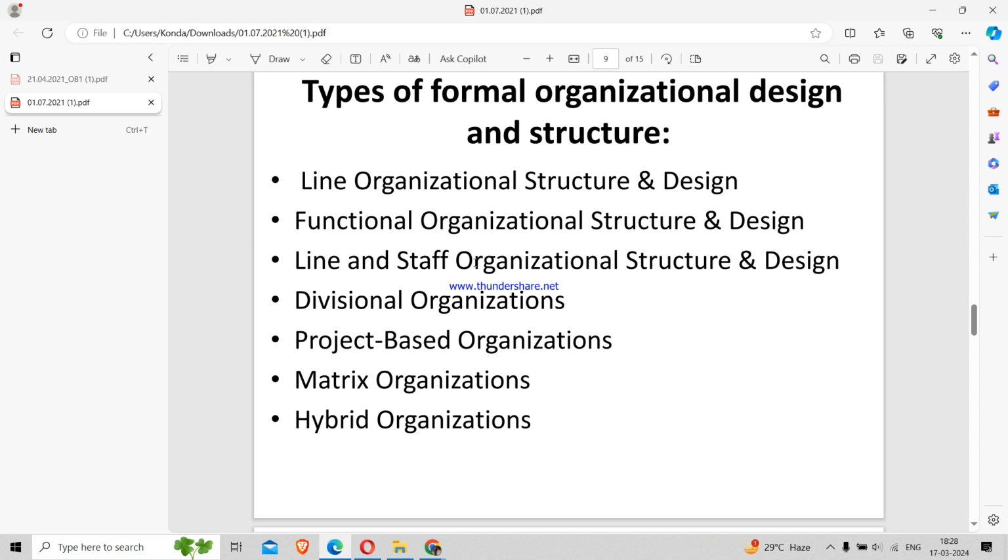It is more or less similar to your line organization structure. And in project based organizations, the manpower involved is based on the particular project. If there are many projects running in a particular organization, then based on the particular project, the manpower is involved in that project, and accordingly the output is extracted.